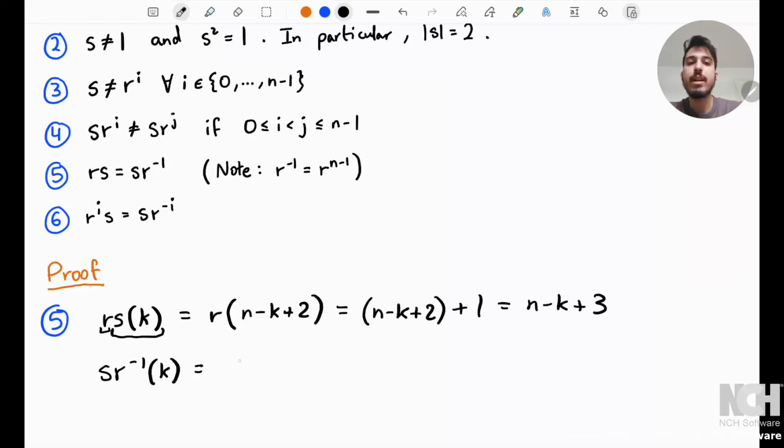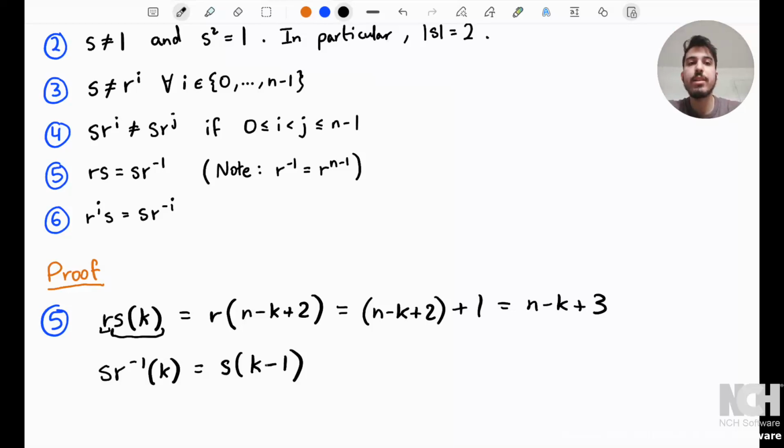So S R to the minus 1 on K: we will apply first R to the minus 1 on K, and then we will apply S on K and see what happens. So this equals S of K minus 1, because when we rotate backwards, you send K to the K minus 1th position.